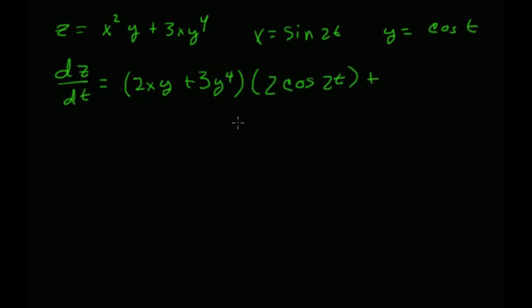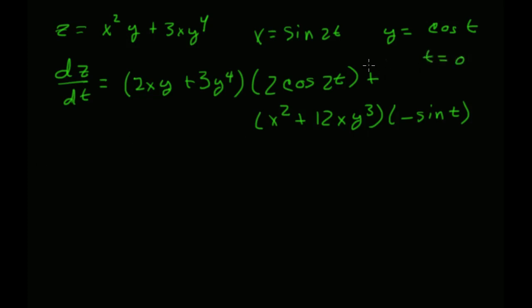Right? And then we're going to add to that the partial of z with respect to y. So that's going to be x squared plus 12xy to the third. And then dy/dt is going to be negative sine t. Okay, so keep in mind that we're going to try to find the value of this when t is 0, right?